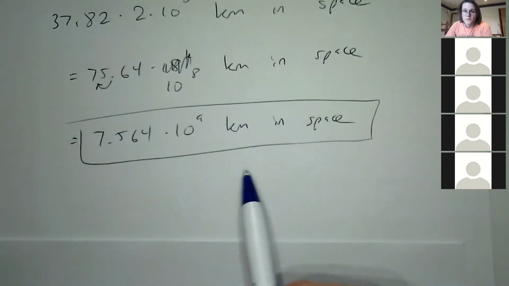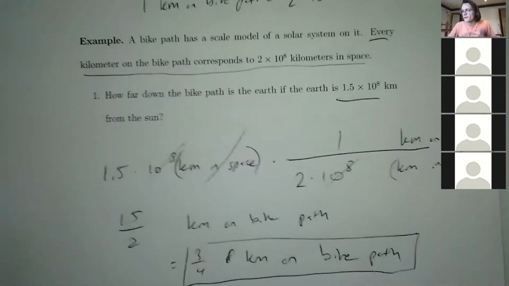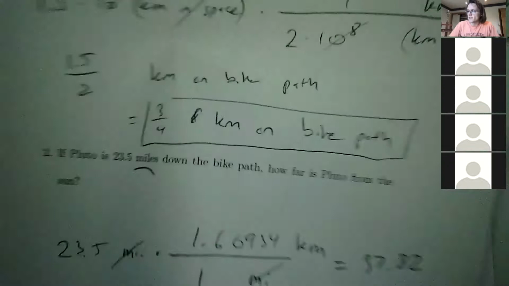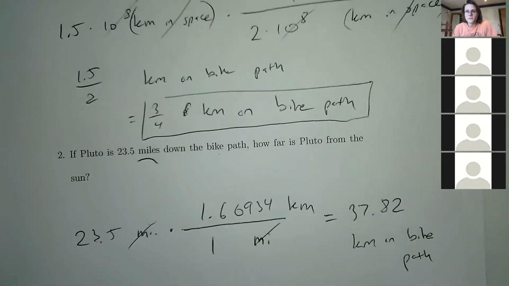So if it's this many miles from the center of the solar system, it's kind of hard to visualize. But if you scale things down to a bike path, then it's 37 miles, 38 kilometers, I guess, sorry, from the start of the bike path. So it's the same reason they scale them down in a science museum, just so you can get a better feel for the distances involved.